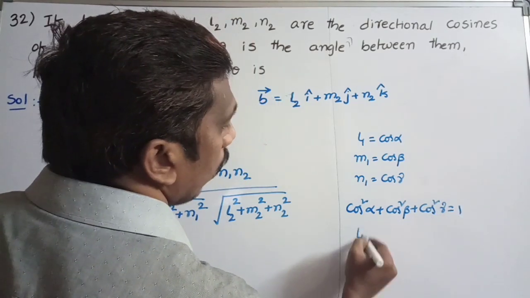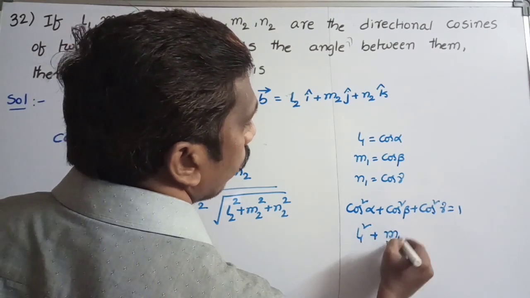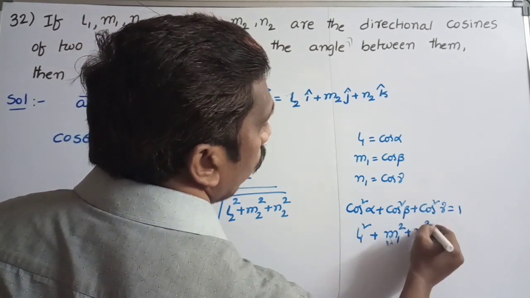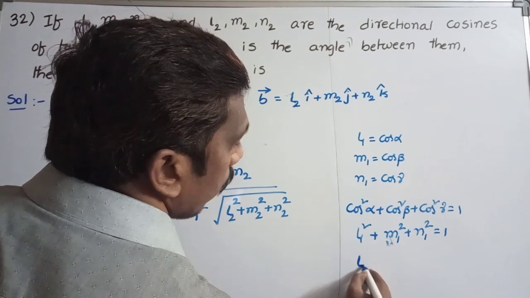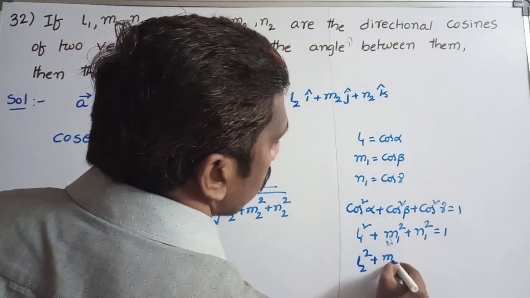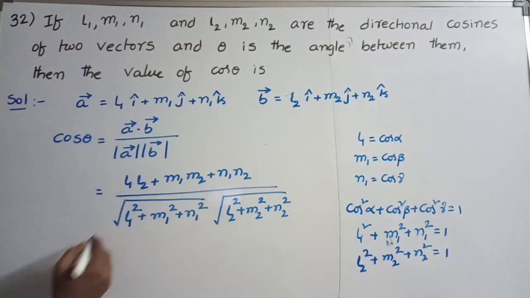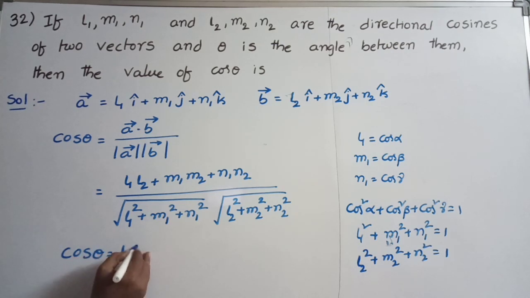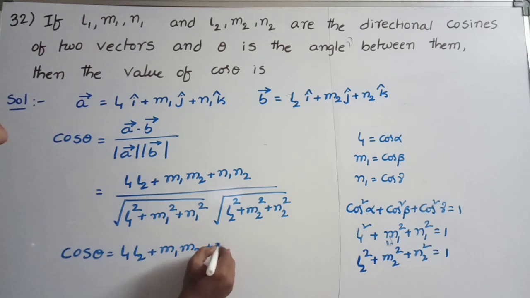In same manner, L1 square plus M1 square plus N1 square is equal to 1. And L2, M2, N2 are the directional cosines of the second vector. So L2 square plus M2 square plus N2 square is equal to 1. Substitute here. Finally we can get cos theta is equal to L1 into L2 plus M1 into M2 plus N1 into N2.